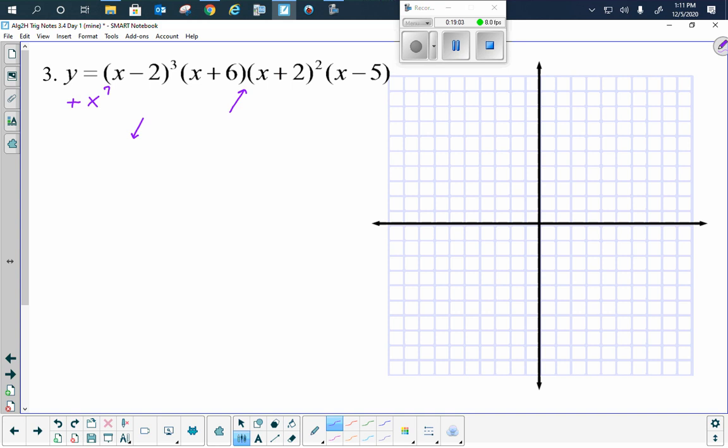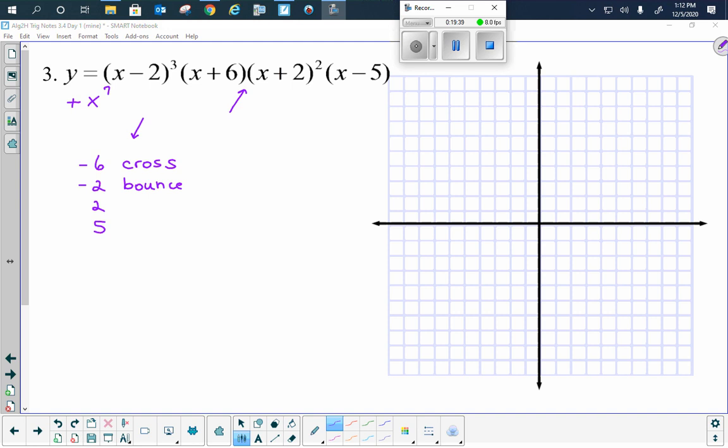Connecting them with our x values, which from above would be -6, -2, +2, and 5, just so they're in order from left to right. At -6, that's raised to the first, so across. The -2 is raised to the second power, so that is a bounce.